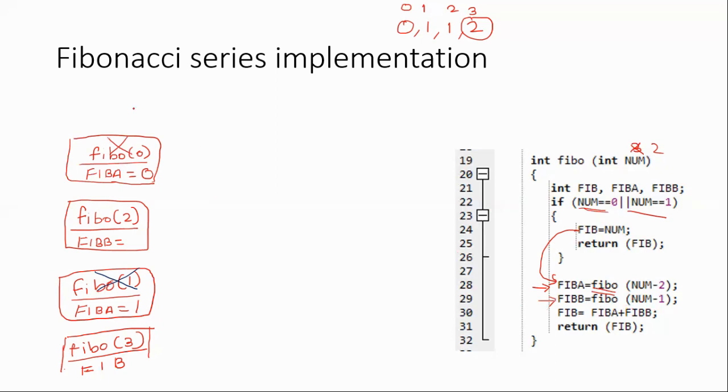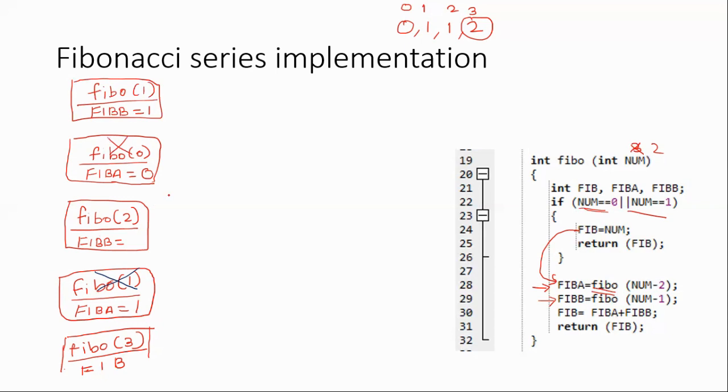So, 2 minus 1. Now we are going to make a call for the Fibo function with the value 1. So what does it return? It is supposed to return the fib_b value. So what is the fib_b value? That's going to be 1 here.